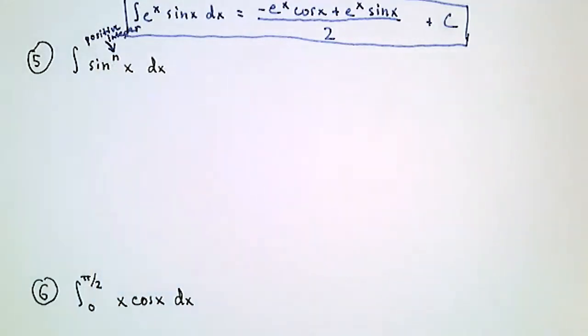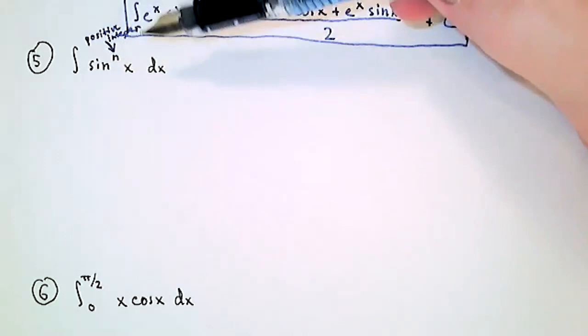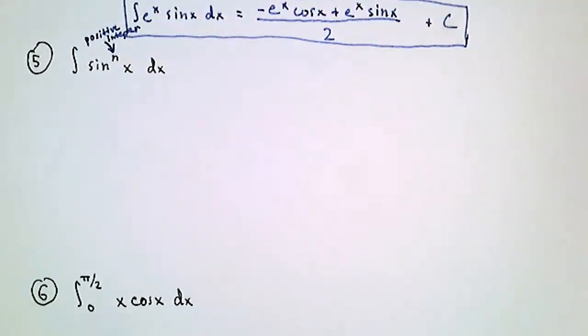So you'll notice on the table of integral formulas that we know, we do have a rule for sine x by itself, but not when we have powers of sine. So we will have to do something different now, and we will be using integration by parts, as I'm sure you can anticipate.